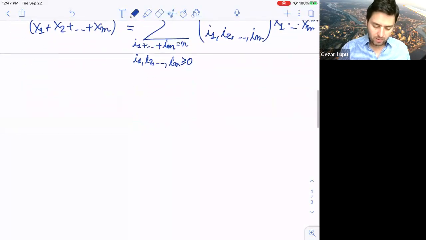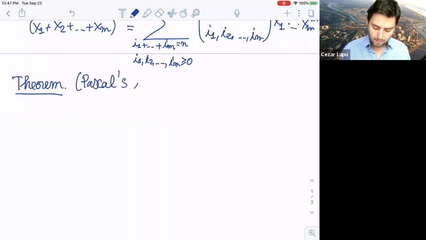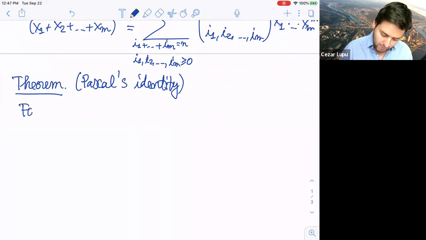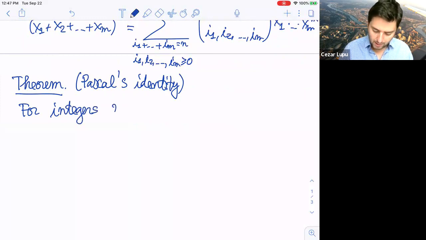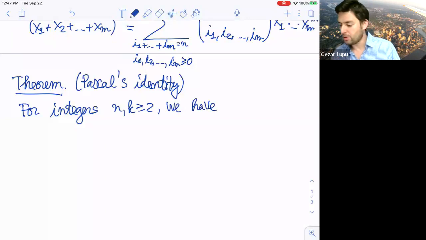All right, now another thing that I want to remind you is the following theorem, which we'll call Pascal's identity. And this is important as well. For integers n, k greater or equal than 2, and like I said, this is an important identity because I think I'm going to use this in some applications.